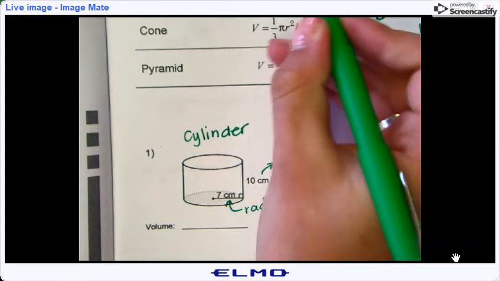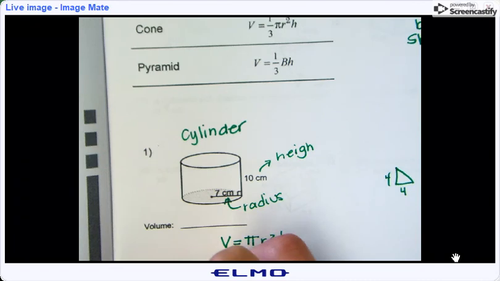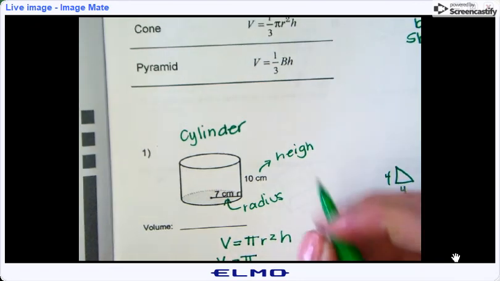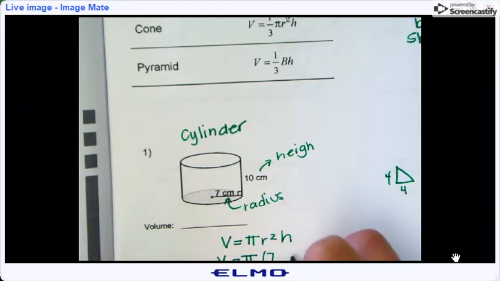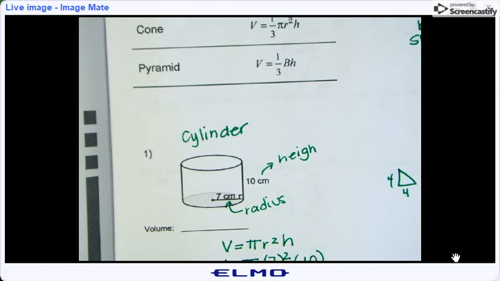So our cylinder formula is V equals pi r squared h. So the volume is pi. My radius, like I said, is 7 centimeters, so that's going to go in for r squared, and then my height is 10.